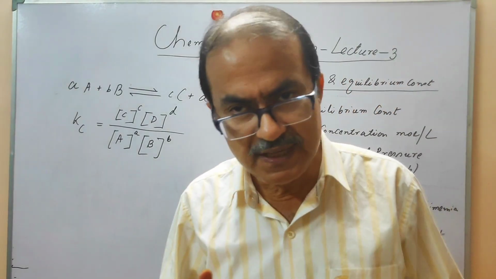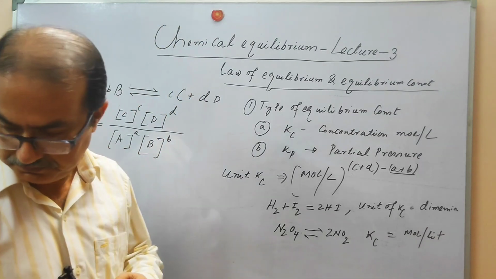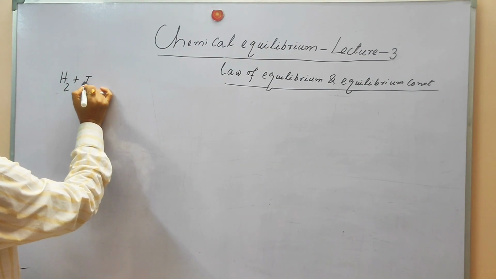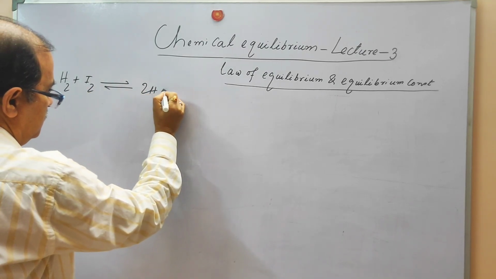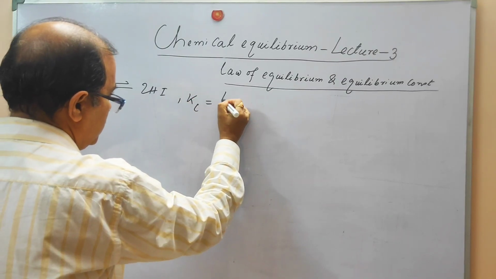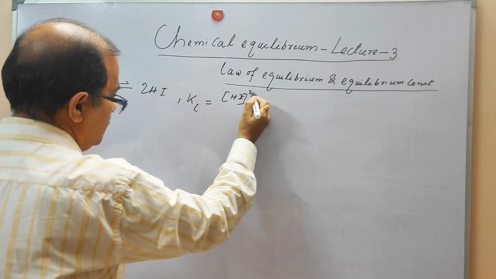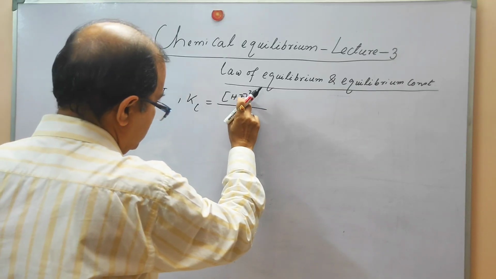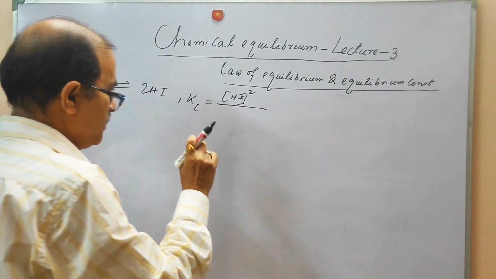Now suppose the reaction is going on. This is the reaction, and for this equilibrium constant we can write the concentration. Here you need to understand that this eq suffix you do not have to put, you can omit it.